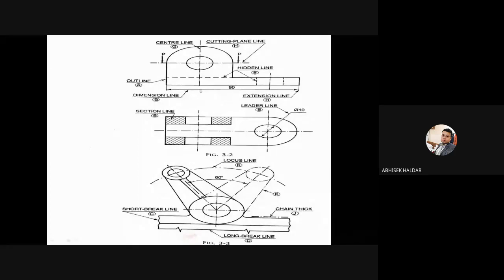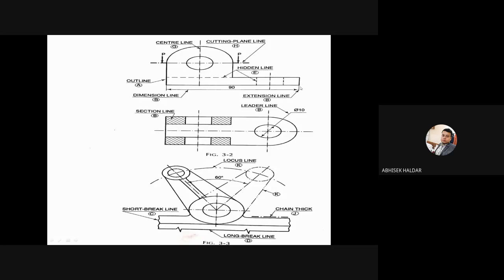So first, how to give the dimension? From this edge point to this edge point, I want to give the dimension. From this edge point I will drop down a small vertical line, and from this edge also I will drop down a small vertical line.